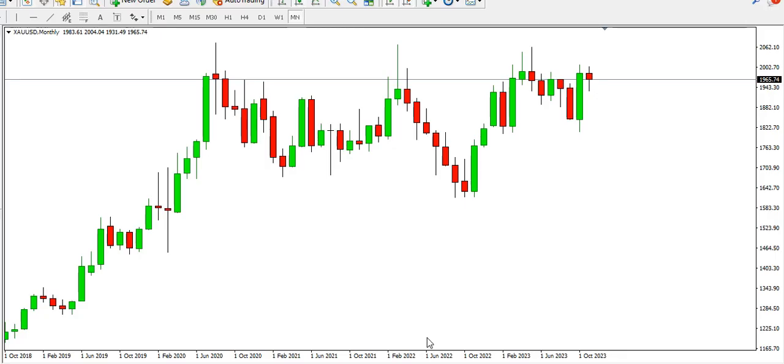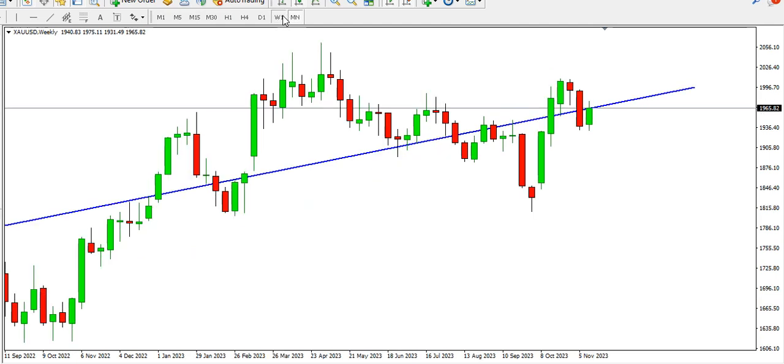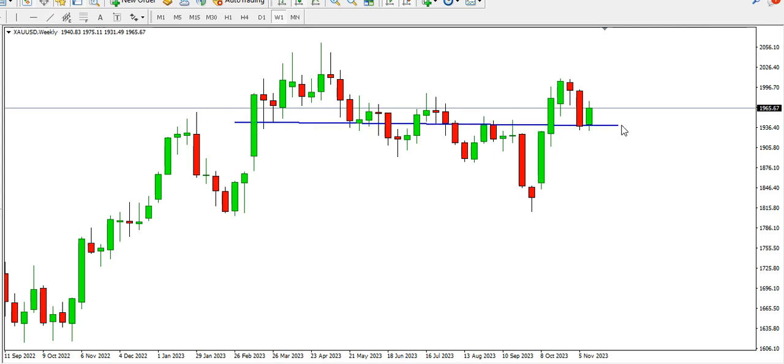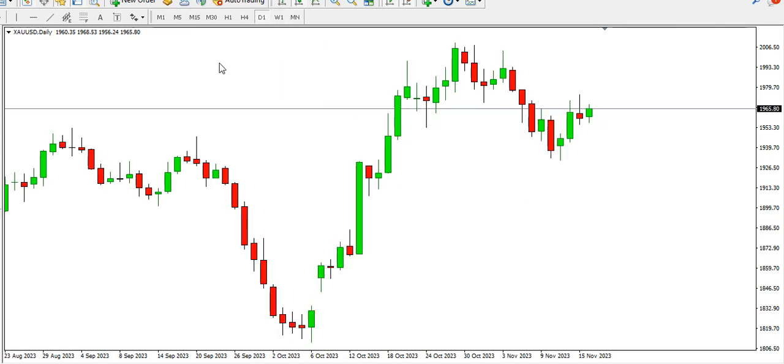A quick recap on that. If you look at the monthly time frame, price of gold is bullish. On the weekly time frame, price of gold is ranging. We can see a kind of range for the weekly time frame. For the daily time frame, the price of gold is currently bullish.